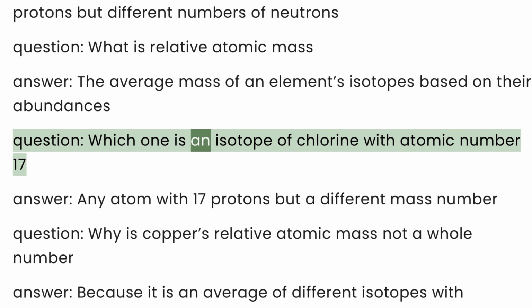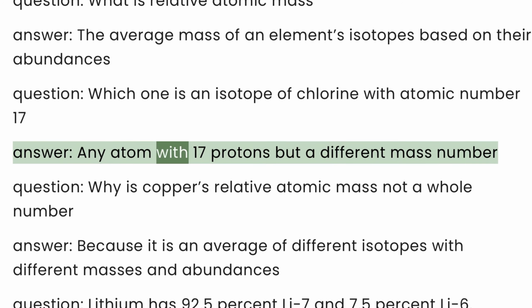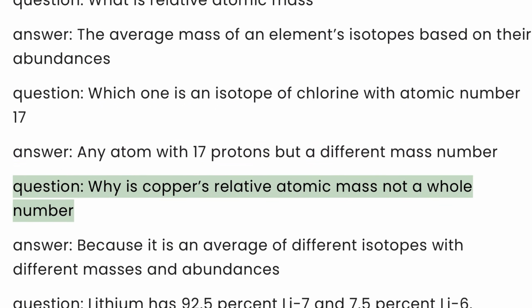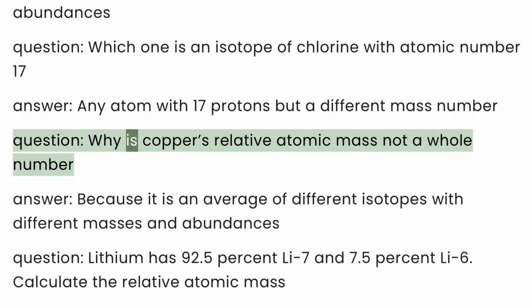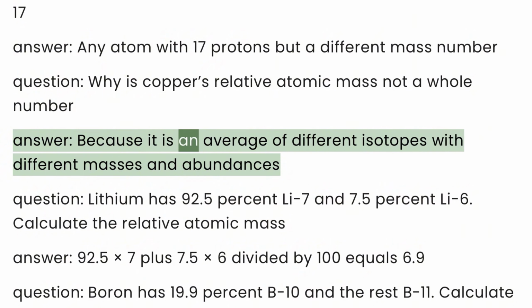Which one is an isotope of chlorine with atomic number 17? Any atom with 17 protons but a different mass number. Question. Why is copper's relative atomic mass not a whole number? Because it is an average of different isotopes with different masses and abundances.